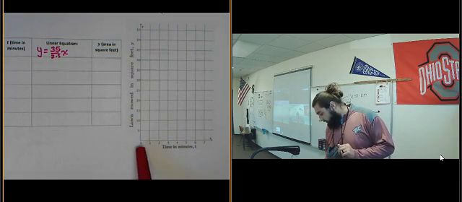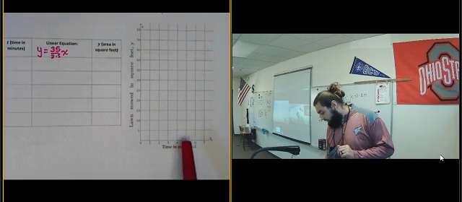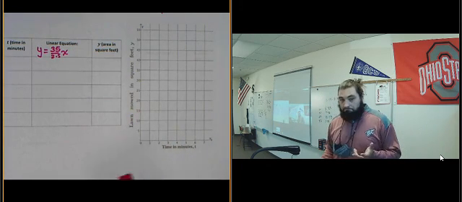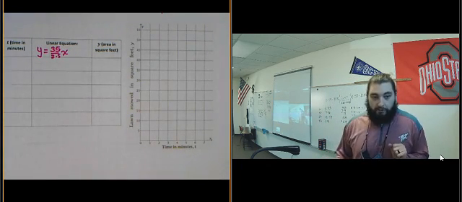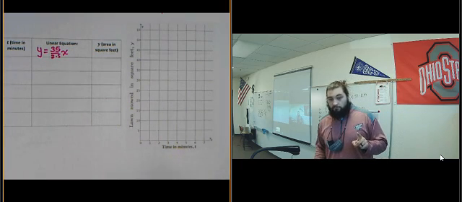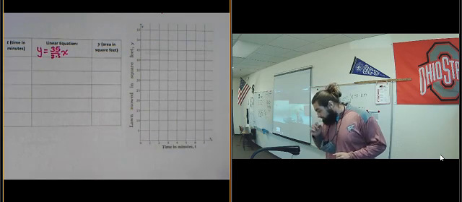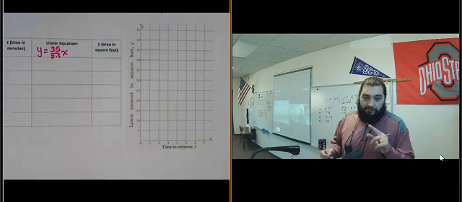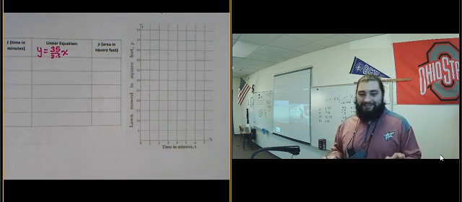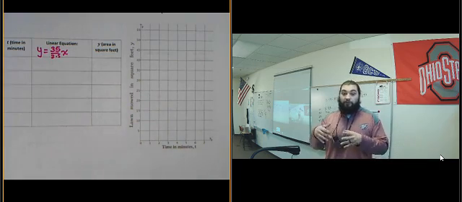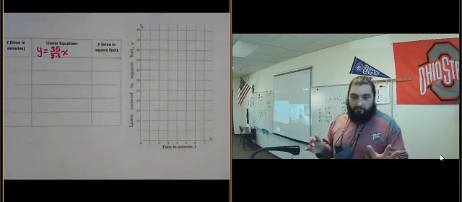Our x values go 0, 1, 2, 3, 4, 5, 6, 7. They don't go very far. So we need to use some of these and plug those into our table first in order to get our y values to then create our points to place. See what I mean?